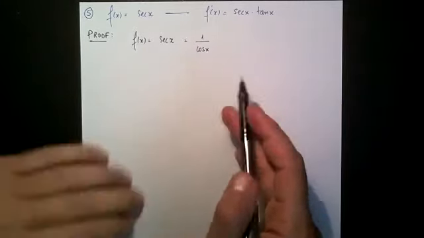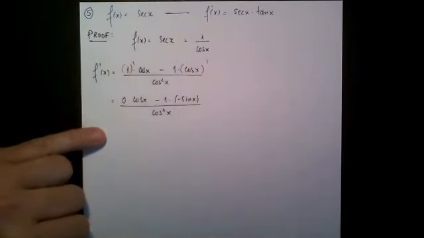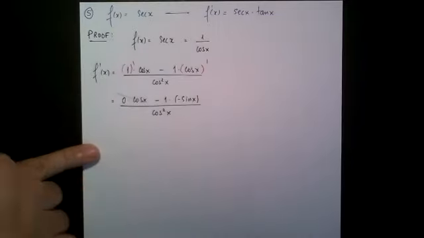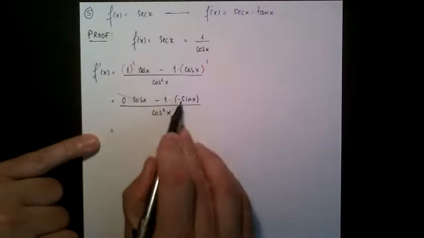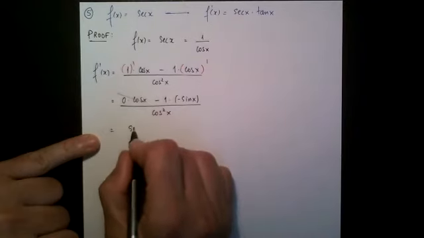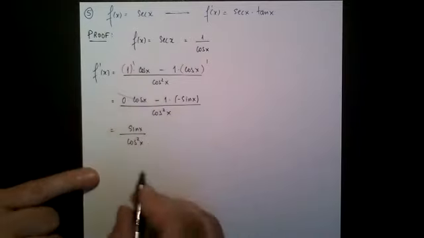So I get 0 times cos x minus 1 times minus sine x over cos squared x. And this, of course, is 0. And so I have minus 1 times minus sine x over cos squared x.